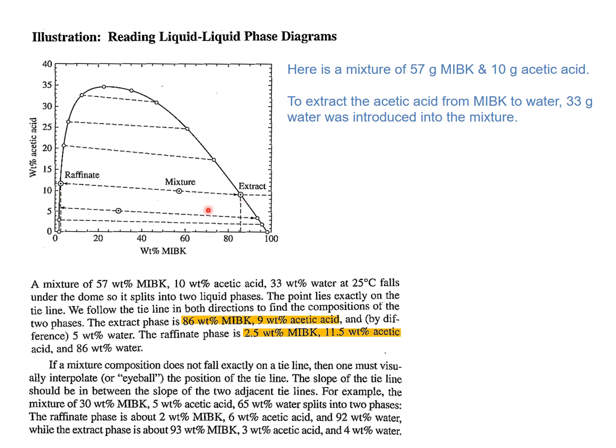We should follow the tie line. Okay, then this point is going to the raffinate, and then finally you could find this one. And then let me read the weight% of MIBK.